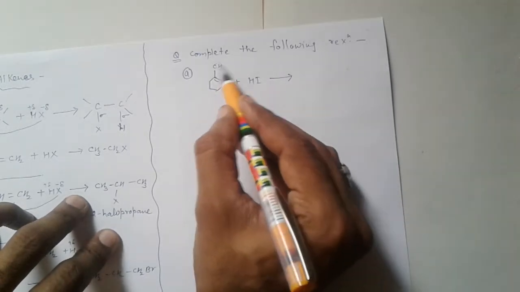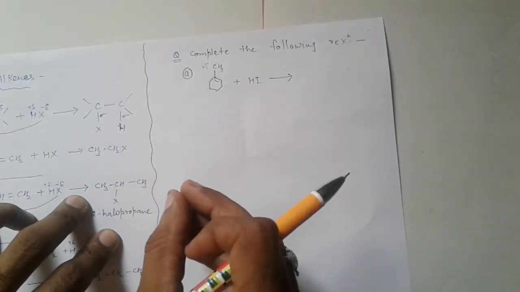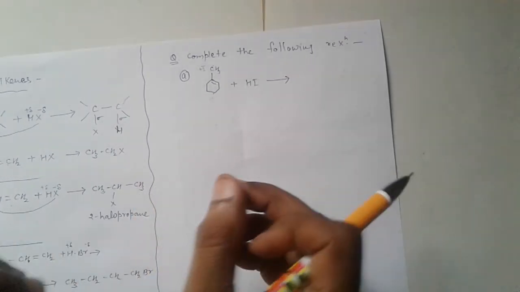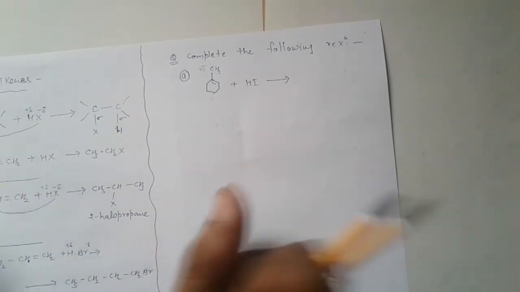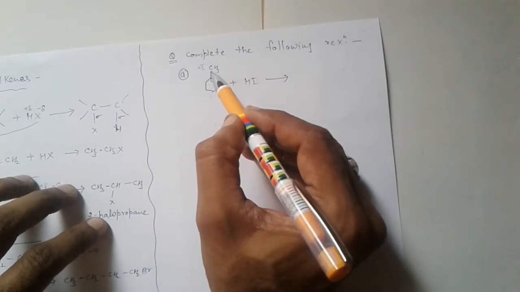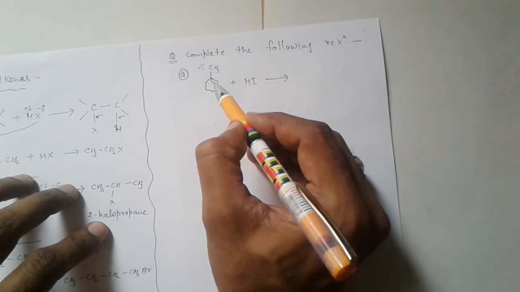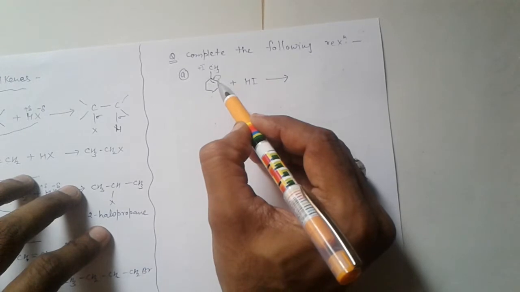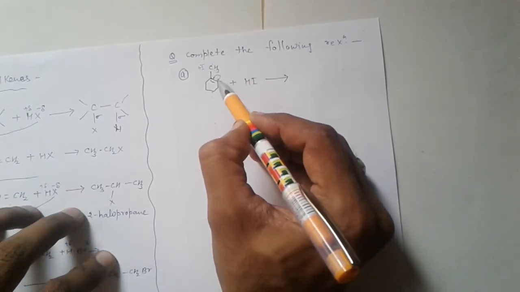We have discussed in our previous class that alkyl groups show positive inductive effect. So, due to the plus I effect of the methyl group, pi electrons are going to that carbon, so it has a partial negative charge.